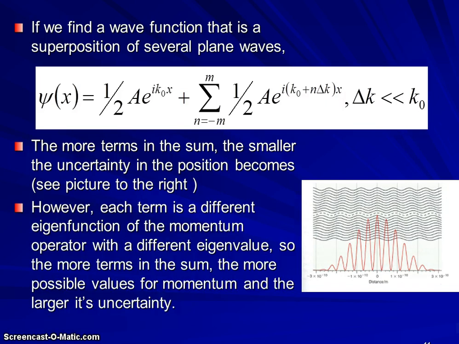However, each term is a different eigenfunction of the momentum operator with a different eigenvalue, so the more terms in the sum, the more possible values for momentum, and the larger its uncertainty becomes. And so we can improve our understanding of the position of the particle, but each step we take in the wave function to improve that understanding, we lose certainty for momentum.